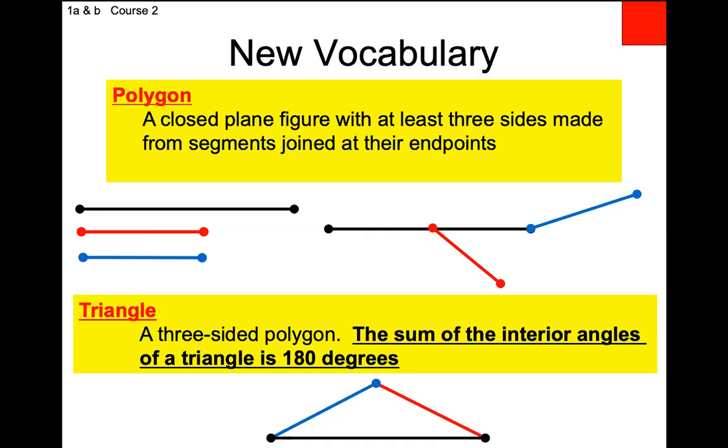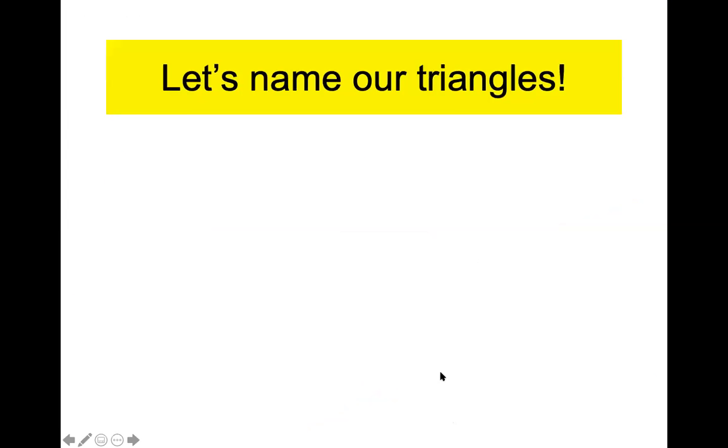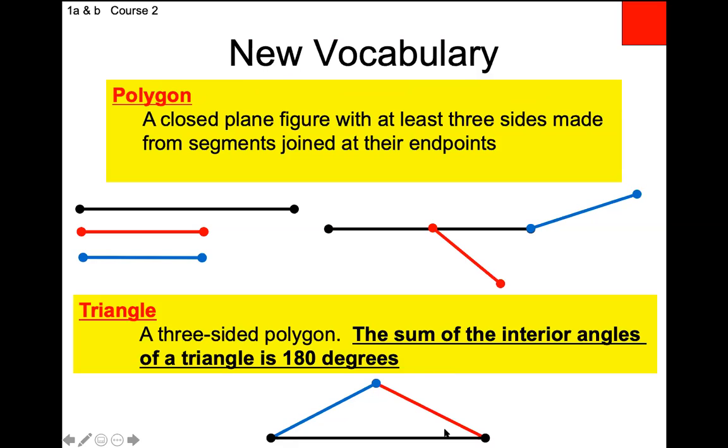So those two facts: a triangle has 3 sides, and the interior angles, by which I mean the angle formed between blue and black, the angle between blue and red, and the angle between red and black, if you add 1, 2, and 3 together, you get 180 degrees.